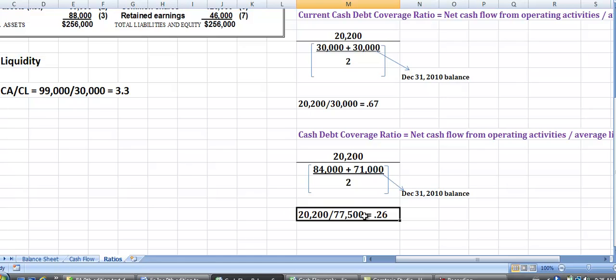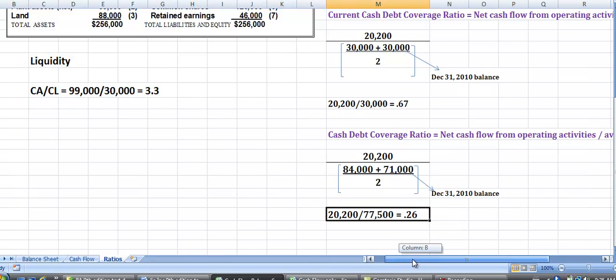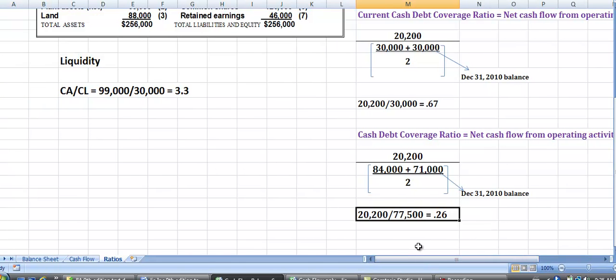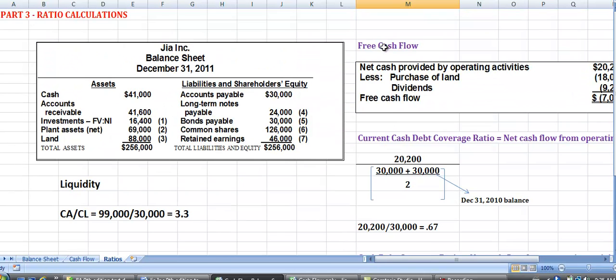So you don't have enough cash flow coming in to cover all of your debts, not just your long-term debts, but all of your debts, current and non-current. But we never look at these in isolation. What it tells us is that their solvency position is not strong. But what does our liquidity tell us?